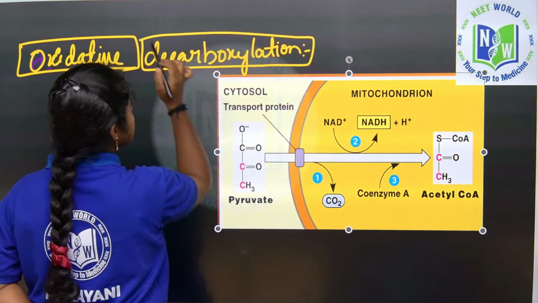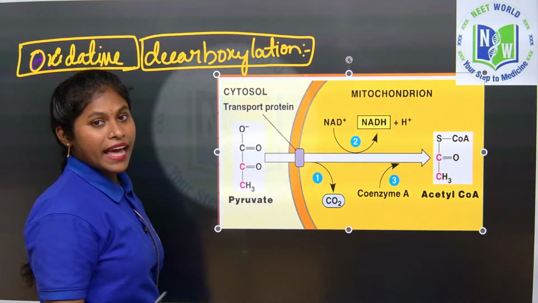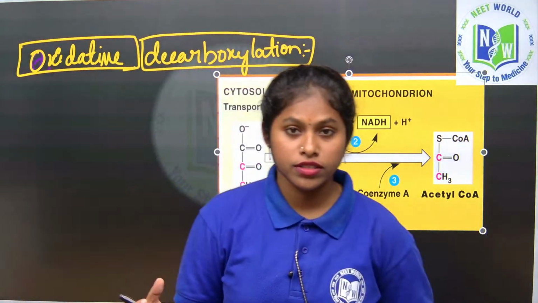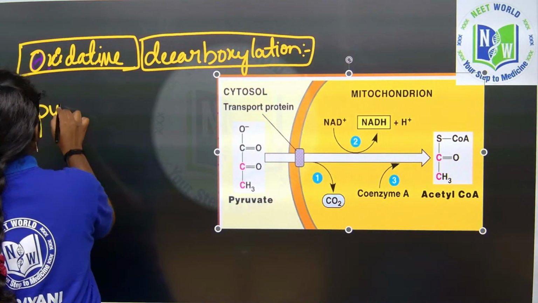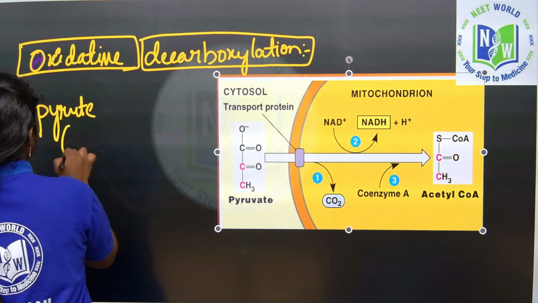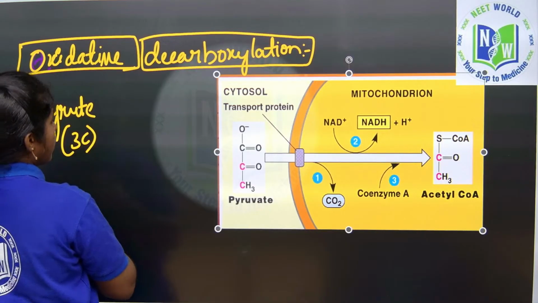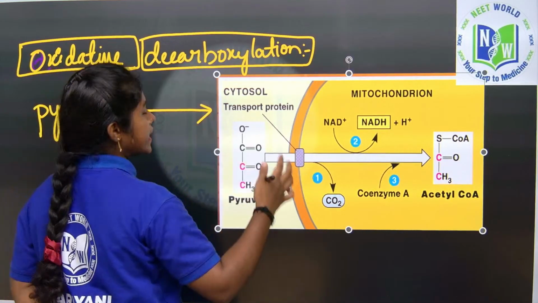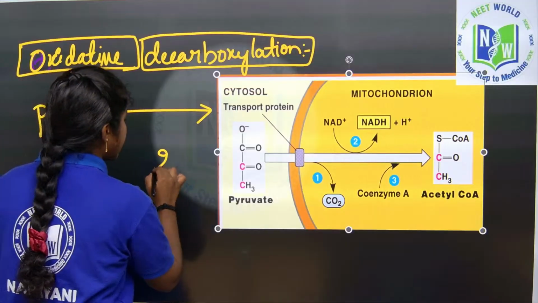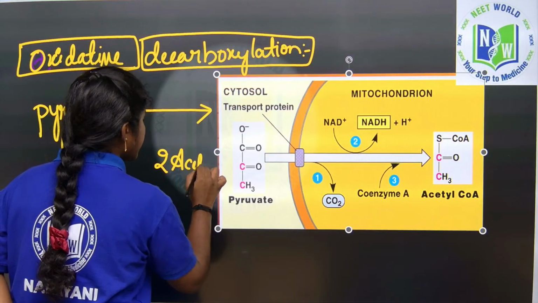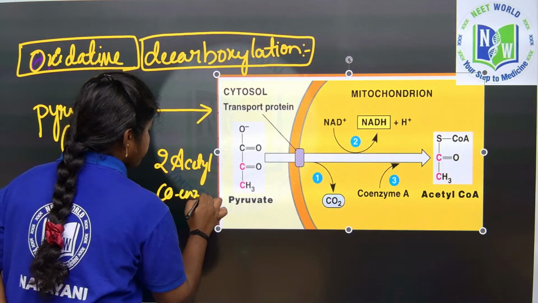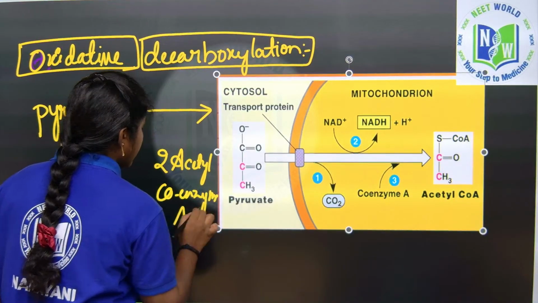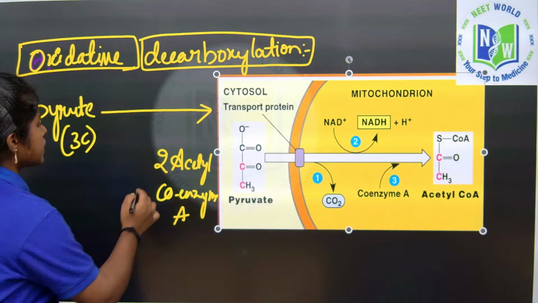What is meant by decarboxylation? Elimination of carbon dioxide is the decarboxylation. Pyruvate is a 3 carbon compound, right? When it is converting to acetyl-CoA, acetyl coenzyme A, it is a 2 carbon compound.